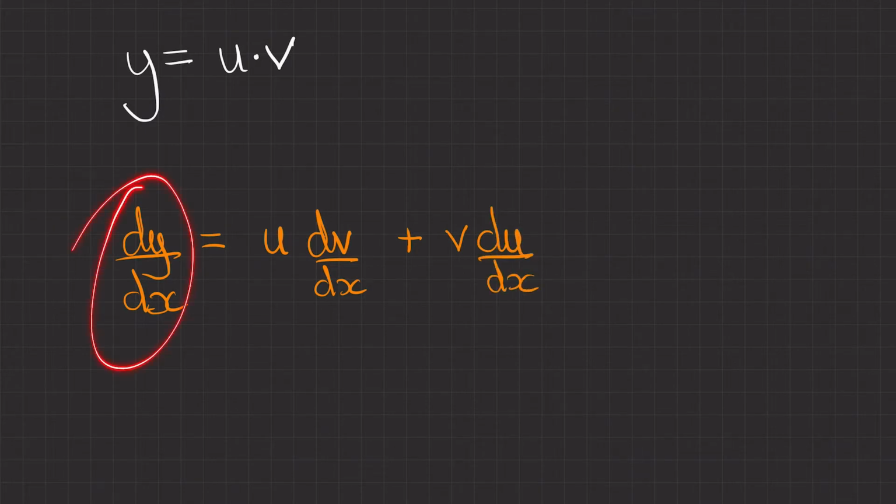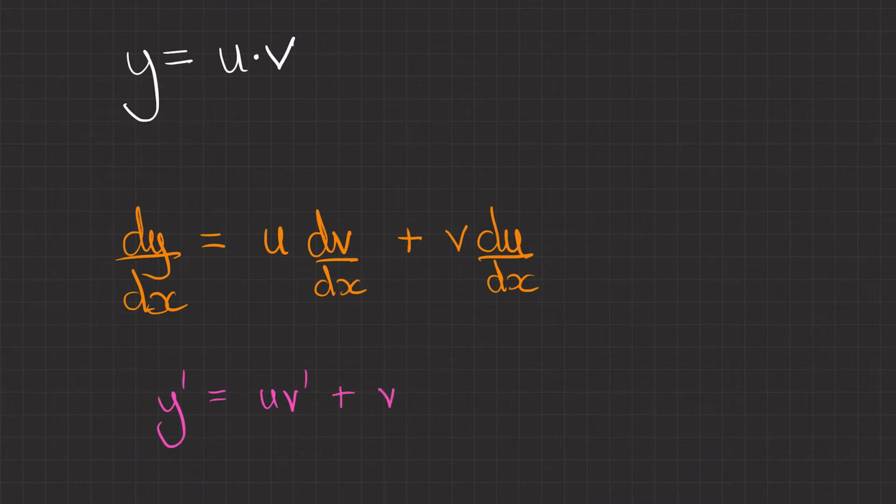So the derivative of the equation is the part u multiplied by the derivative of the part v plus the part v multiplied by the derivative of the part u. Another way of writing this might be y dash equals uv dash plus vu dash.